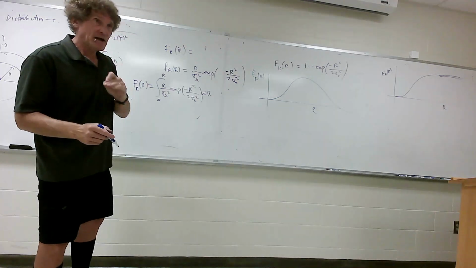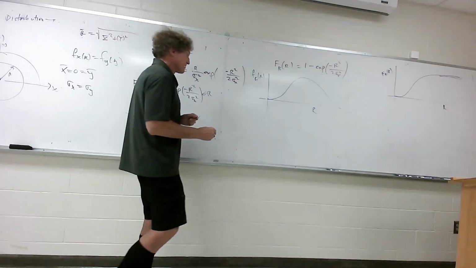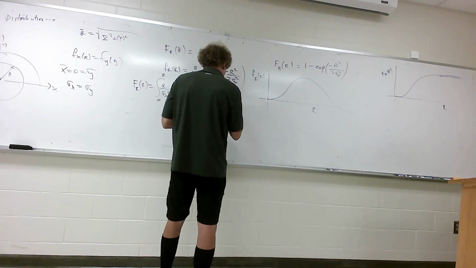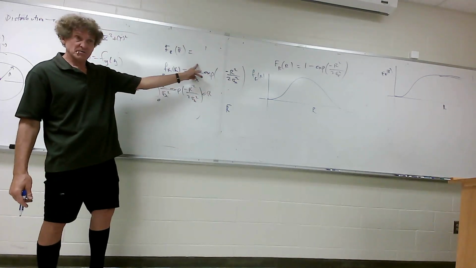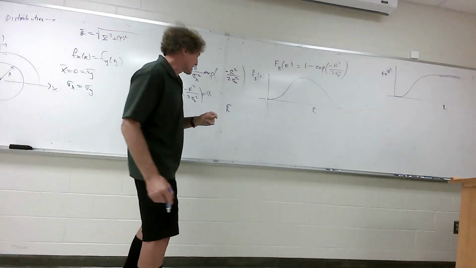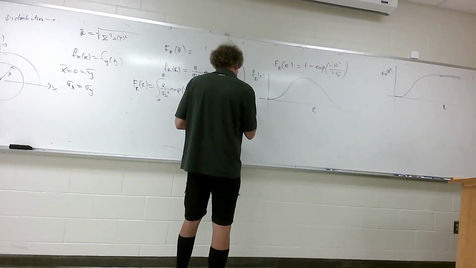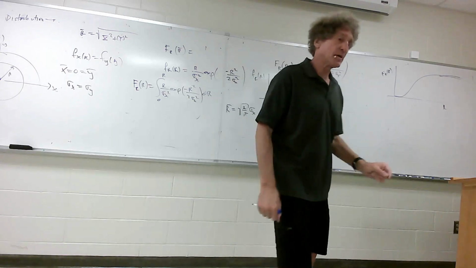Now, the mean value of R, this is real important, the mean value of the Rayleigh random variable. When I take this density function, I multiply it by R, I get an R squared, and then I do that integration. But the mean value, you'll have it there, is actually equal to square root of 2 over pi times sigma x. Let me just make sure I show you this.